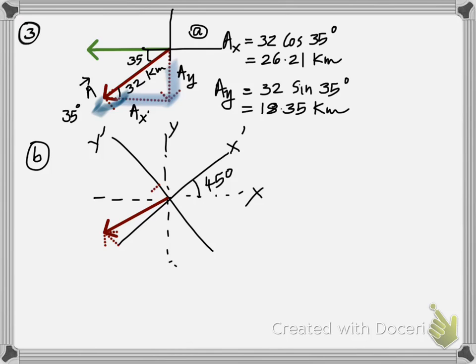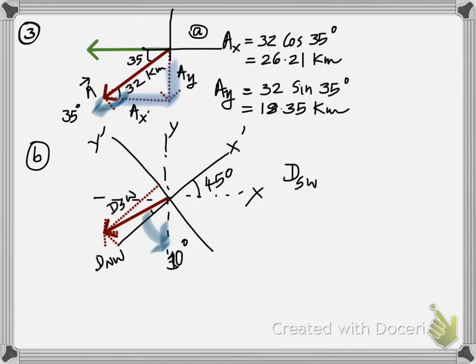So now your whole diagram is simplified, because now you see I've called it distance southwest and distance northwest. Okay. The angle is surely 10 degrees, because it was 35 before. You've rotated the axis through 45, so obviously that's 10 degrees. So now all you got to do is find the components.